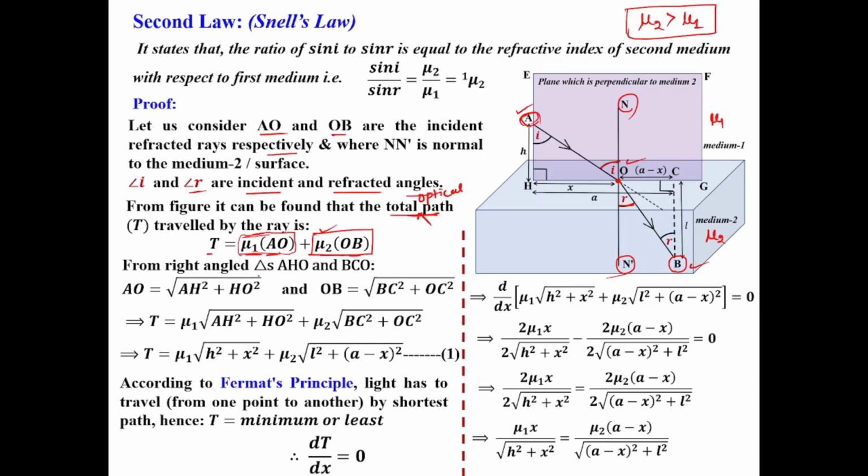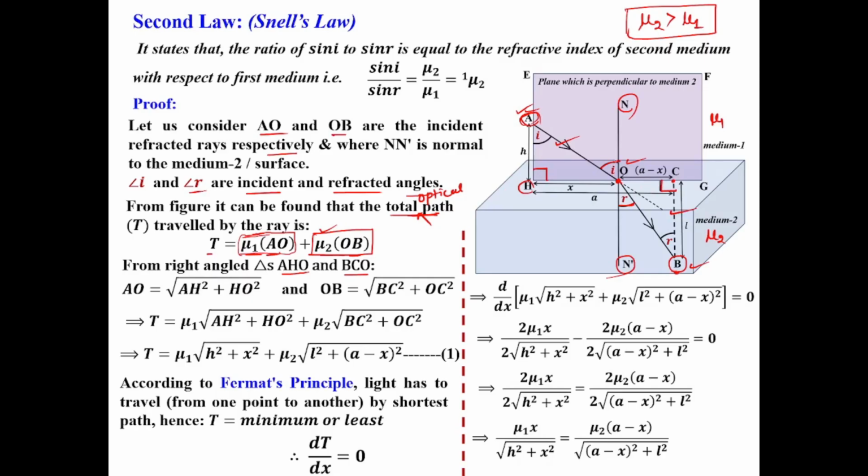Now consider the right angle triangles AHO and BCO. AHO, this right angle triangle, and BCO, this point is your C, that means this triangle. So this is 90 degrees and this is 90 degrees.